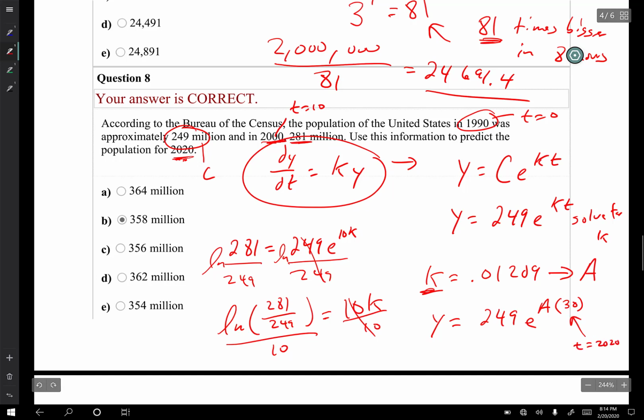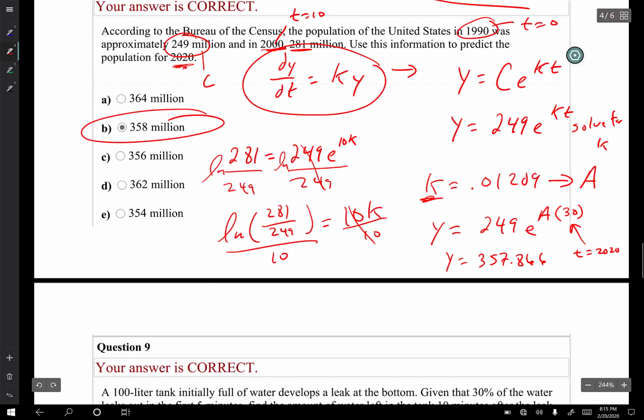I'm just going to type that in, 249 e raised to the a times 30, and I push enter, and I get 357.866. Y equals 357.866, so 358. All right, hopefully that made sense.